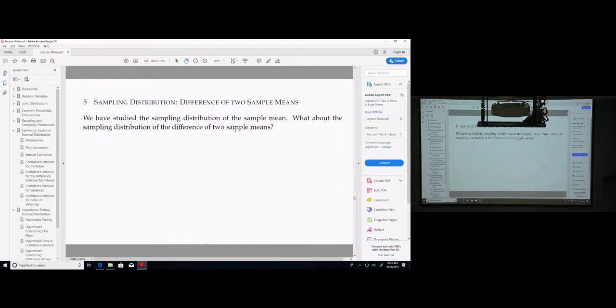So they recruit some subjects to go through the flipped class arrangement, and another set of subjects go through the traditional lecture tutorial situations. And then at the end of the program, we measure the performance of the students to see which group is doing better, as a way of understanding the difference of the two population means from the difference of the two sample means.